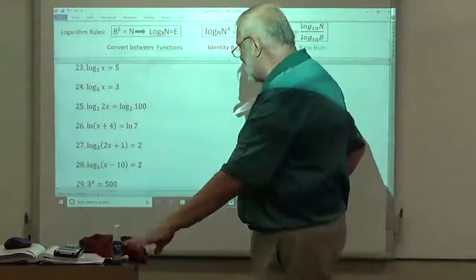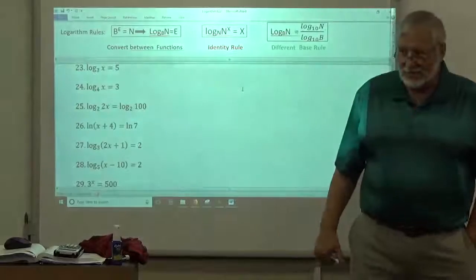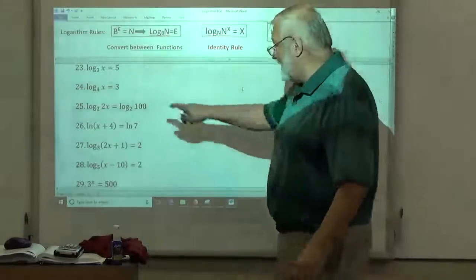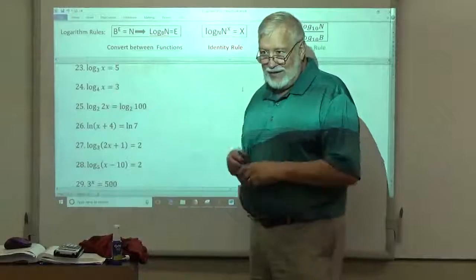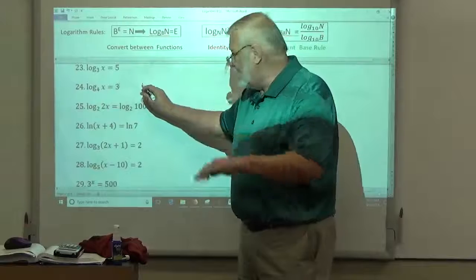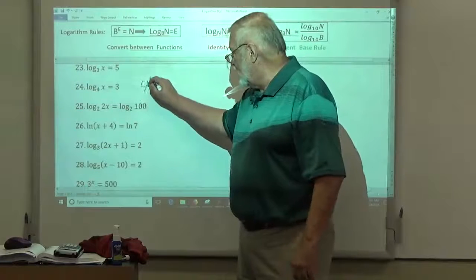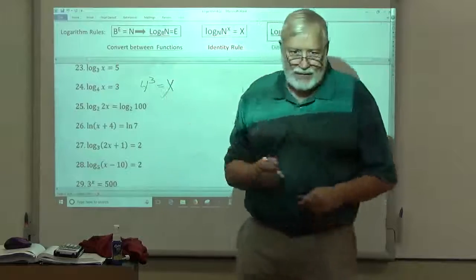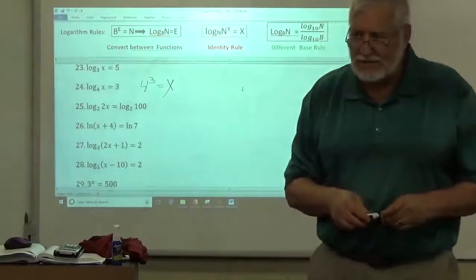Log base 4 of x equals... all right, Sydney, what happens here? Can you change it into exponent? Yes. How? It would be 4, 4 to the third power equals x. You should know that one by heart. It's the only one. Shame on you.